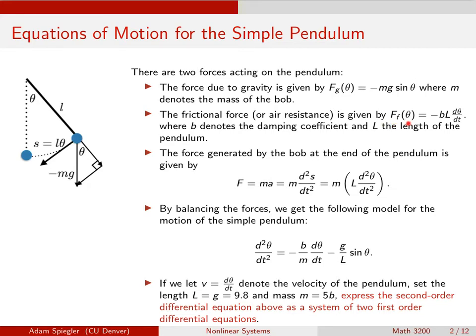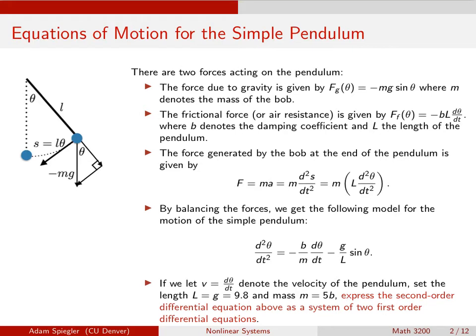So the frictional force I'm going to ask you guys to derive is going to be equal to minus b times L times d theta dt. So L, again, is the length of this pendulum, and b is a constant. This is what would be like the damping coefficient for the mass spring oscillator. So this is relating to some sort of resistance from the air.